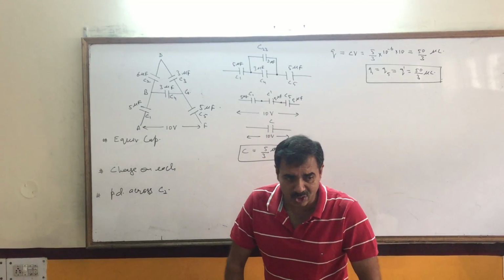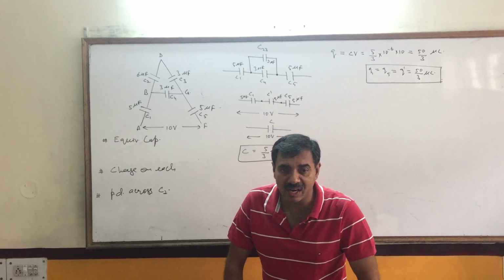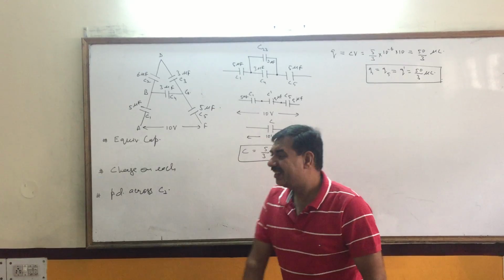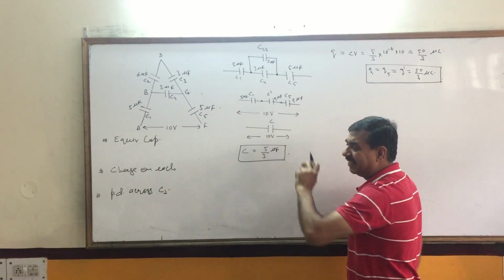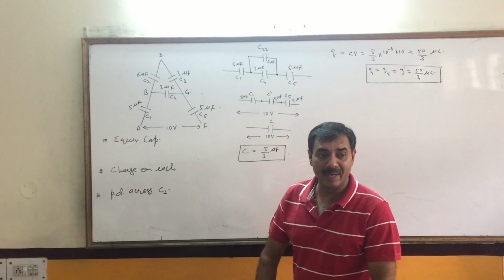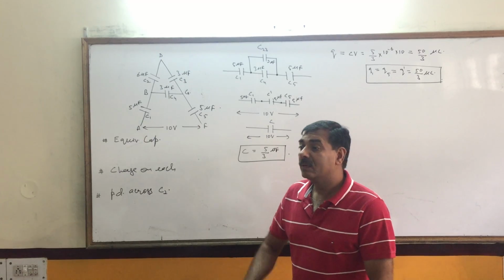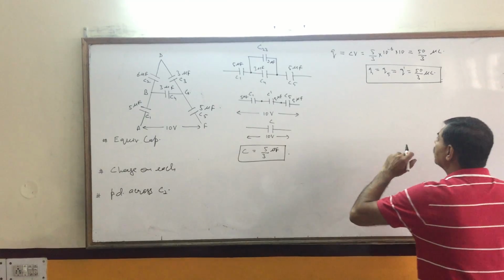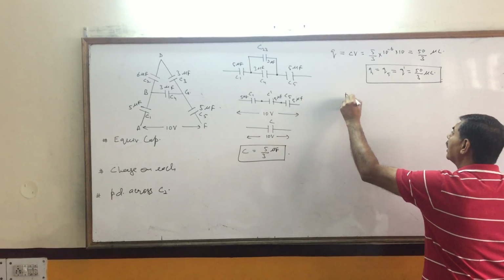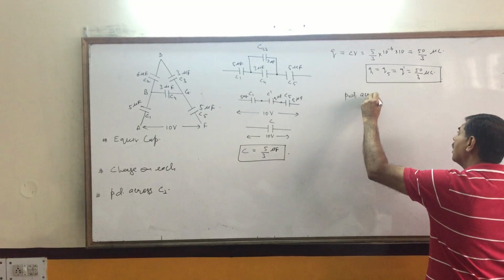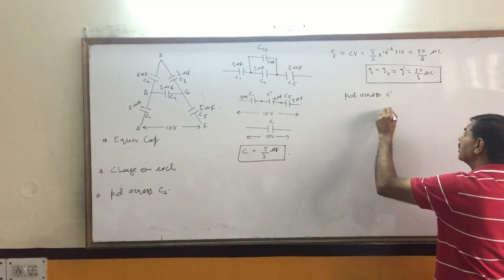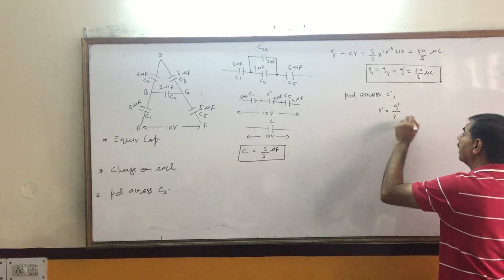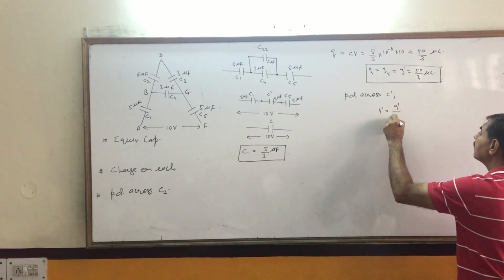Sometimes the values are such that you can clearly visualize it. It will be 10 by 3 because the capacities are the same. Nevertheless, if this doesn't strike you, I will determine the potential drop across C dash, which is V dash, which is Q dash by C dash.